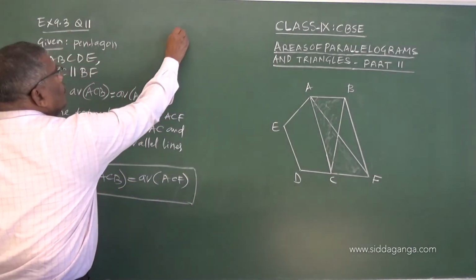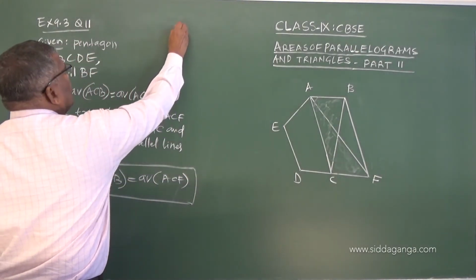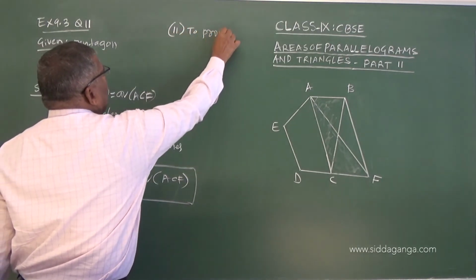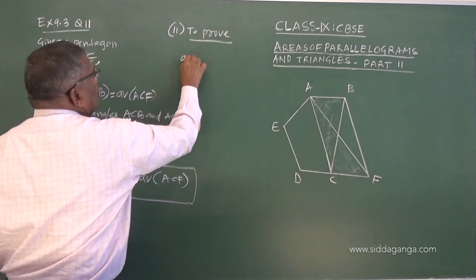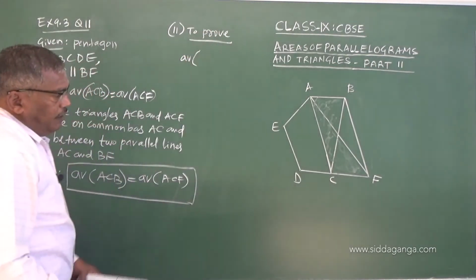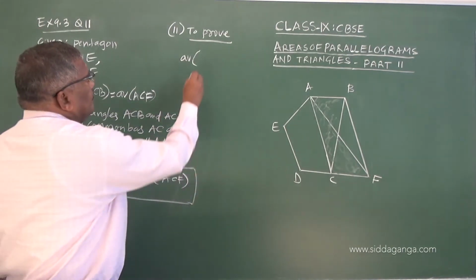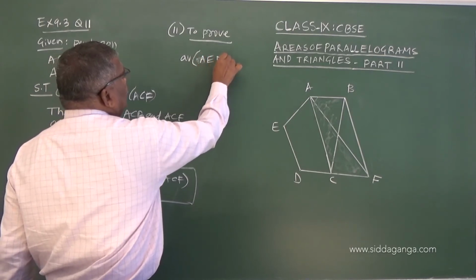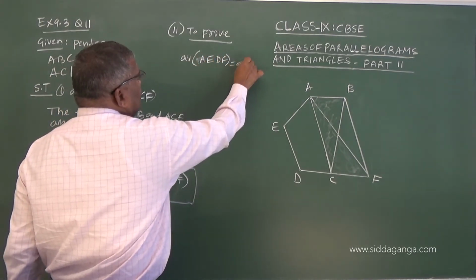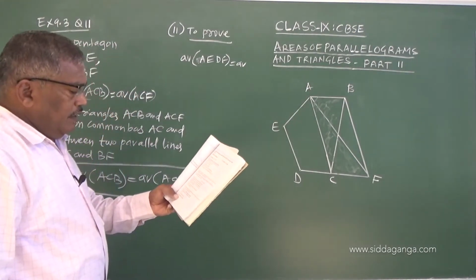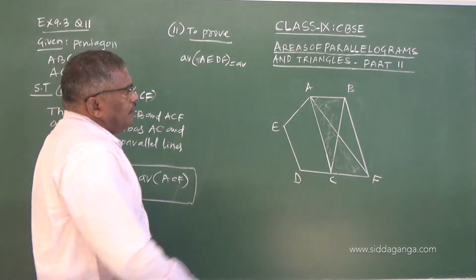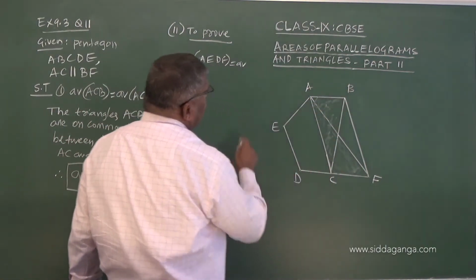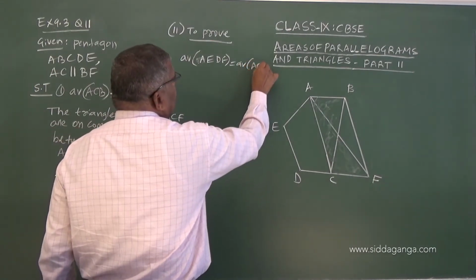So, to show or to prove, area AEDF is equal to area ABCDE, this pentagon ABCDE.